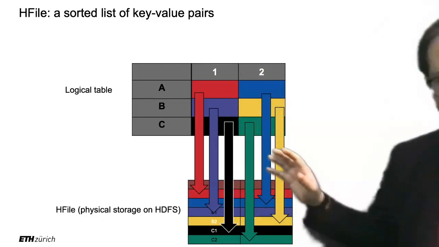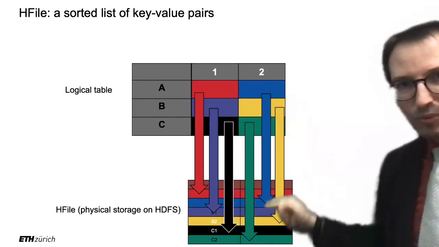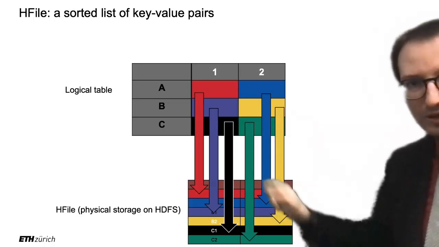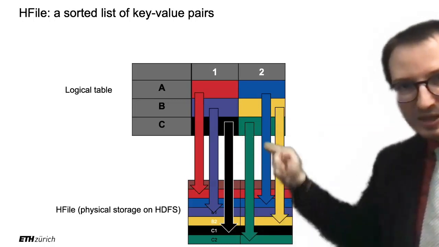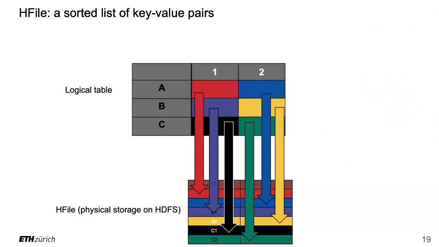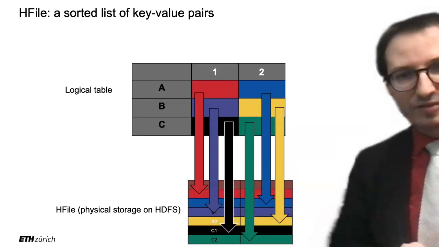I'm forgetting about the versions right now. So you see the red one, then the blue one, then the third one will be the purple, the fourth one the yellow, then the black one comes here and the green one comes there. In other words, we are just sorting lexicographically, first by row ID and second by column name. And we are just storing this in that order in my H file.